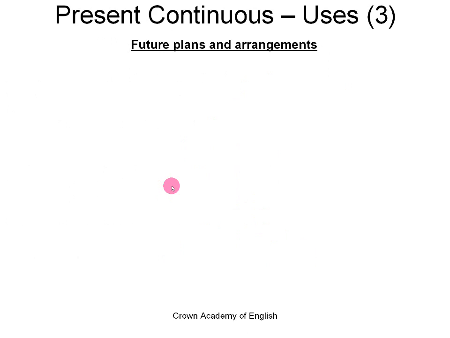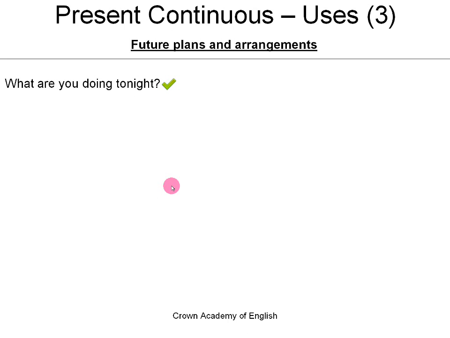We can also use the present continuous to describe the future in terms of future plans and arrangements. So if we're planning something in the future, then we can use the present continuous. For example, what are you doing tonight? Okay.